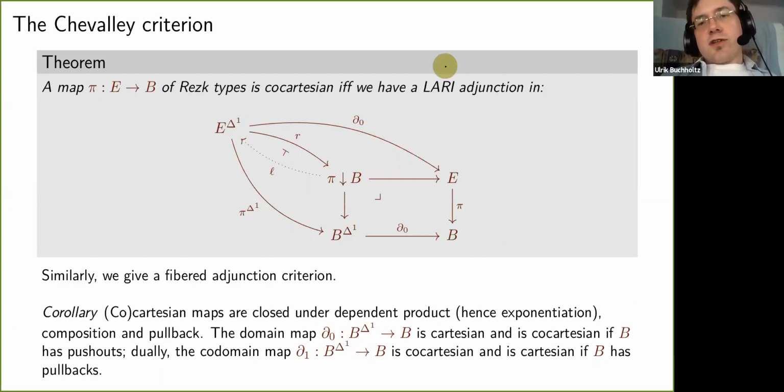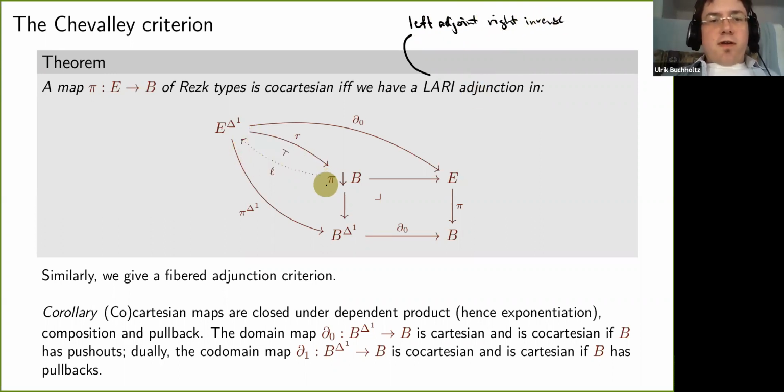a Laury adjunction, where I'm just going to remind you, a Laury adjunction is a left adjoint right inverse to the gap map in this pullback Hom for the left endpoint inclusion.